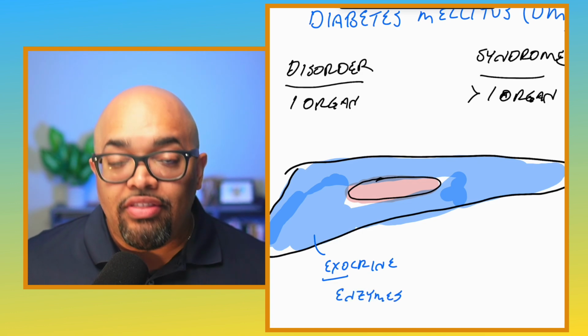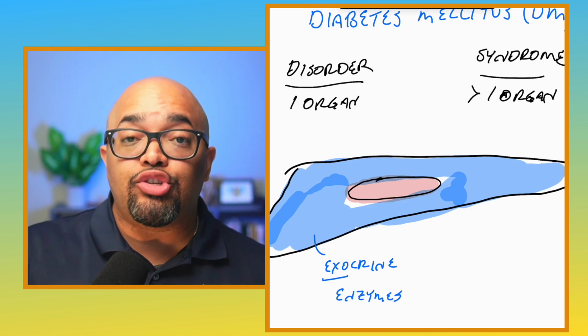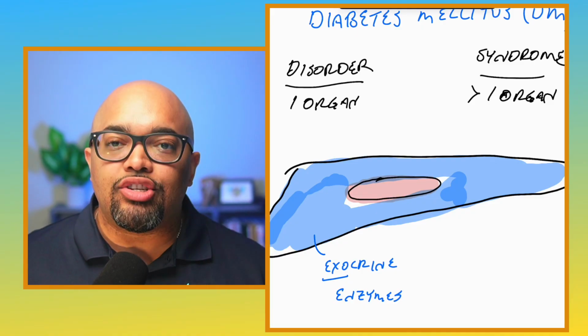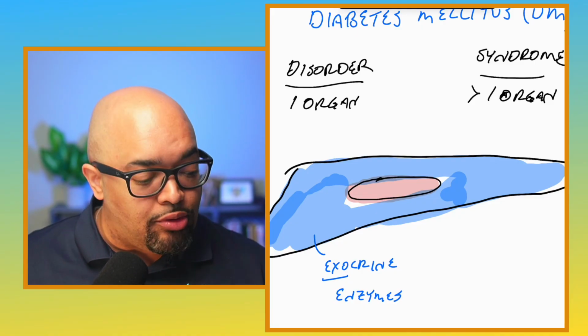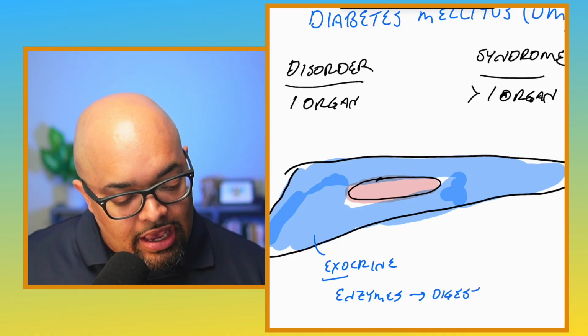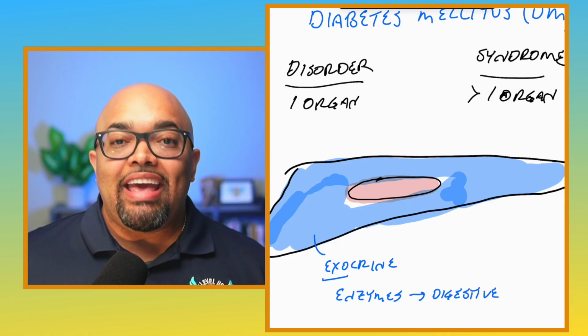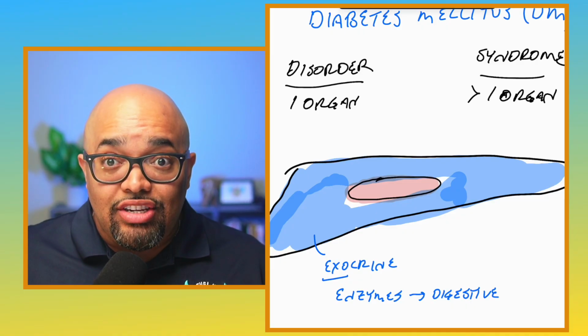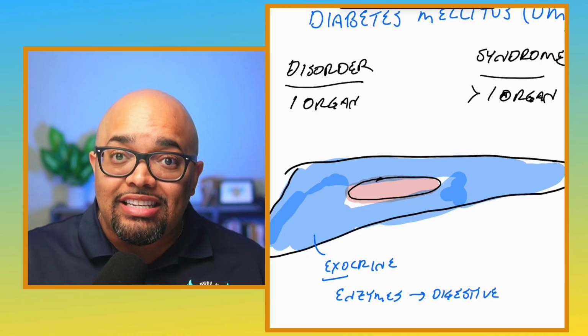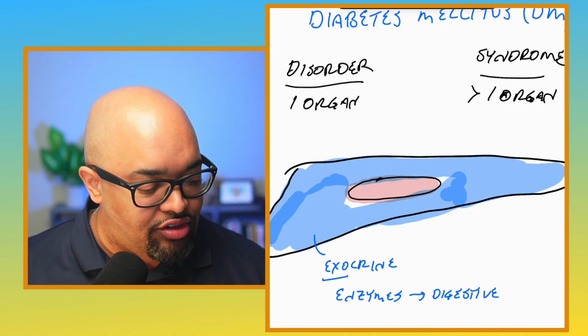So the pancreas has two parts or two jobs. One job, the exocrine job, is to release enzymes. Those enzymes are going to aid in digestion. So when you eat your food and that food needs to digest, the exocrine part that deals with the enzymes is what's going to help you digest your food.